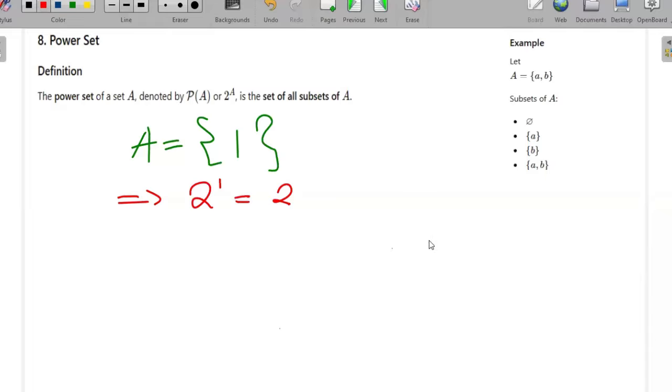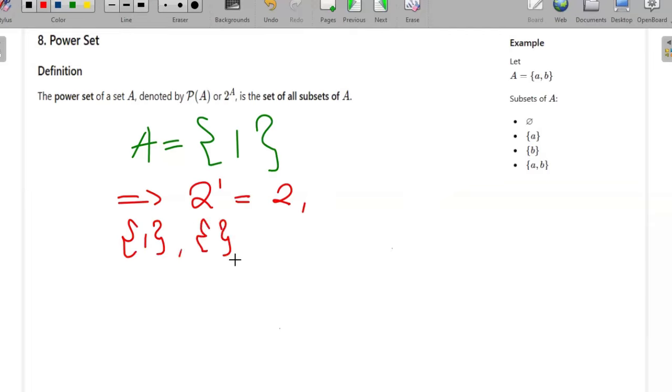The empty set itself, and the one. Yes, that is true. So the set itself and the empty set. I can write the set itself here, one, and then I can write the empty set like that.